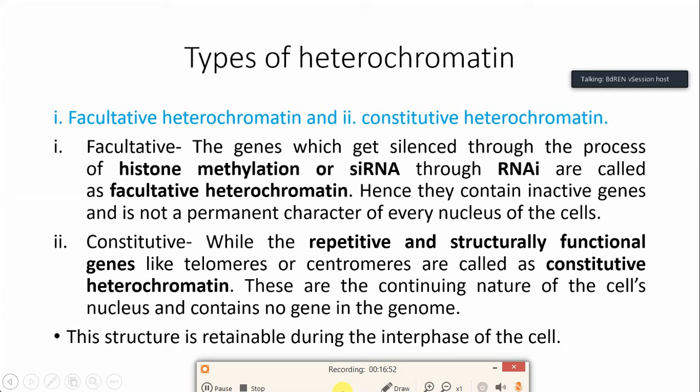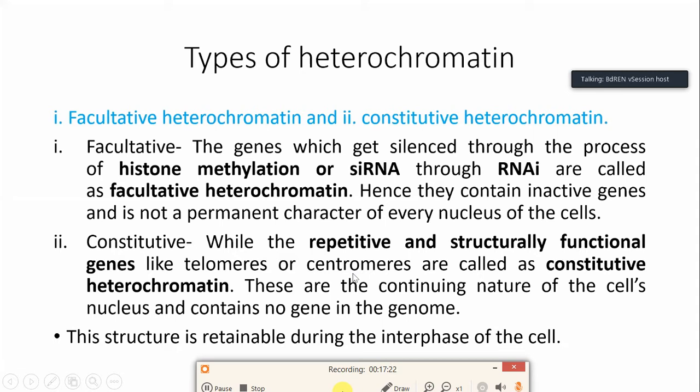And the second one is the constitutive. Constitutive is the DNA which is responsible for the structural function of genes. Here we can find repetitive and structural function genes like telomere or centromere, which are called constitutive heterochromatin, and this can be found in the telomere or centromere.